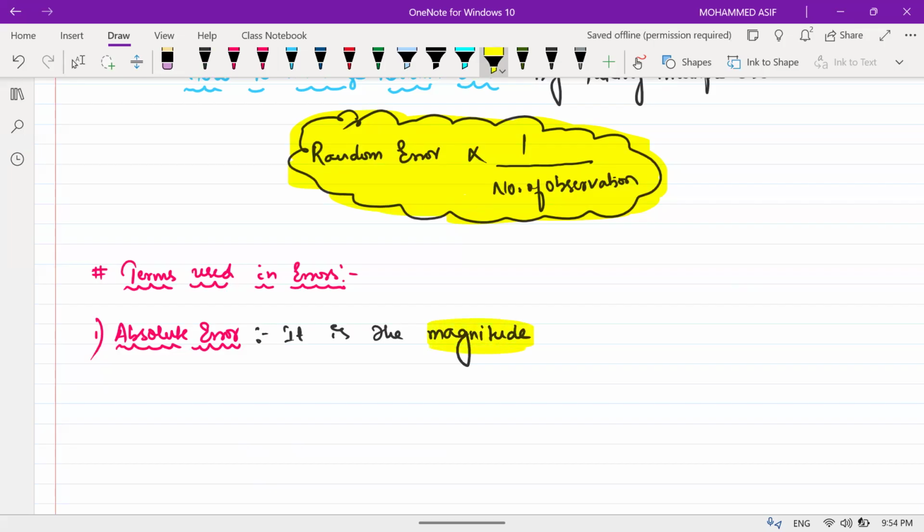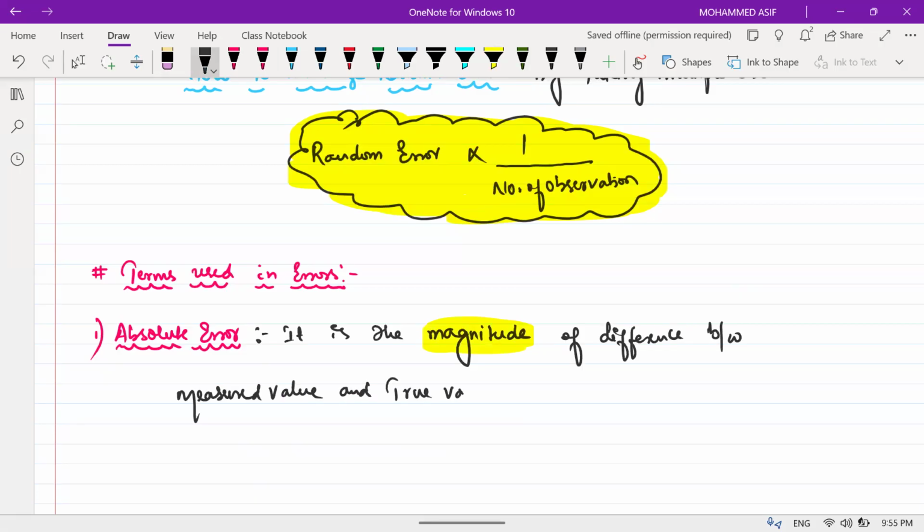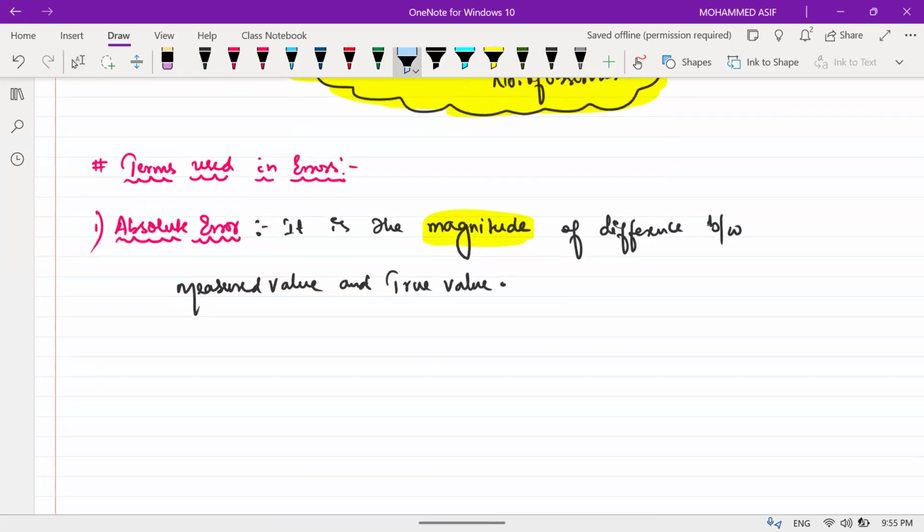Am I clear? So what is an absolute error? It is the magnitude of difference between the measured value and the true value. Absolute error is represented by delta A.